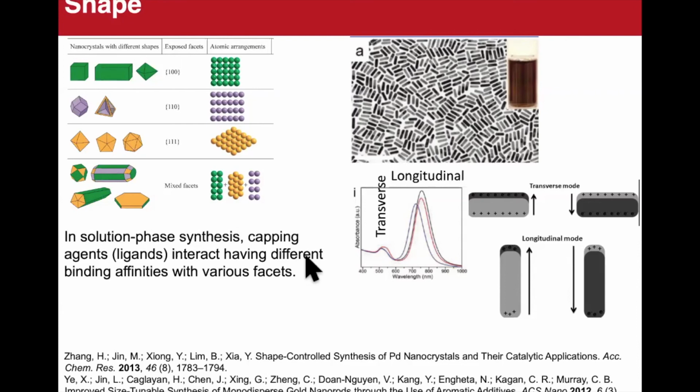So while we've been talking about isotropic shapes of gold, we can also make different geometries that you see here. So you can see that if you start off with multiply twinned seeds, that you can grow these nanorods that you see here with mixed facets that are exposed.